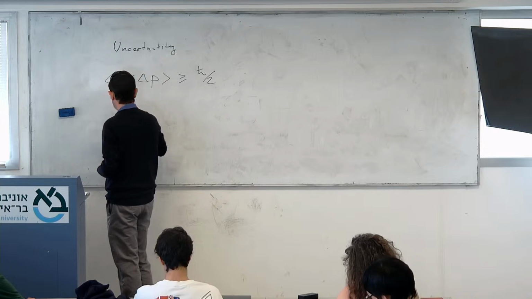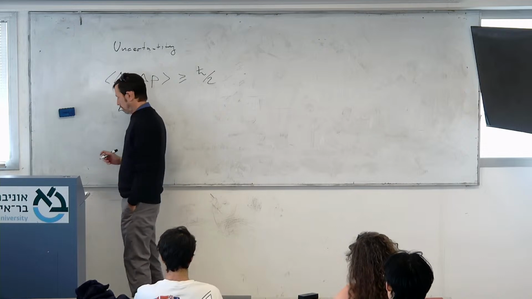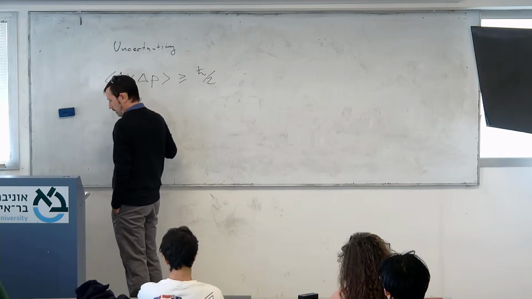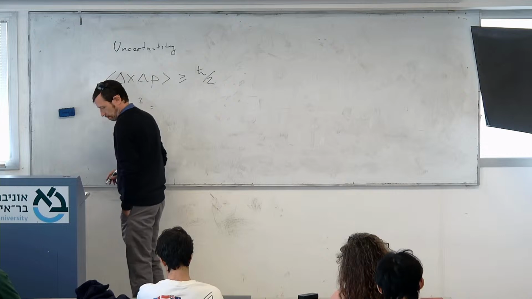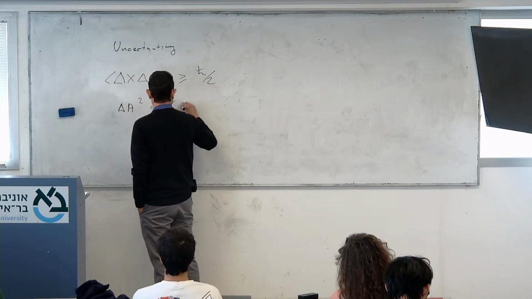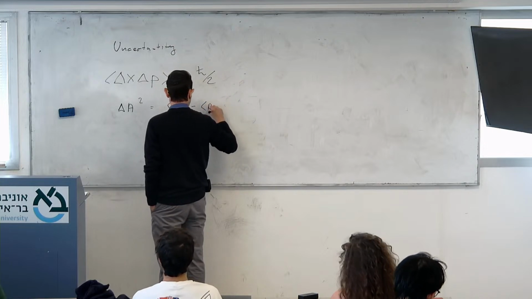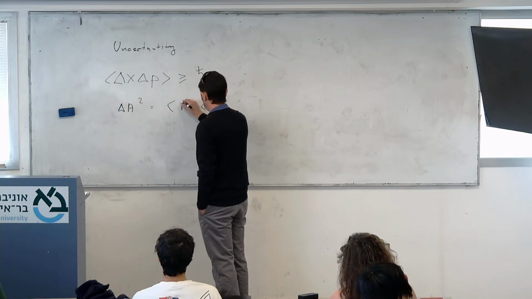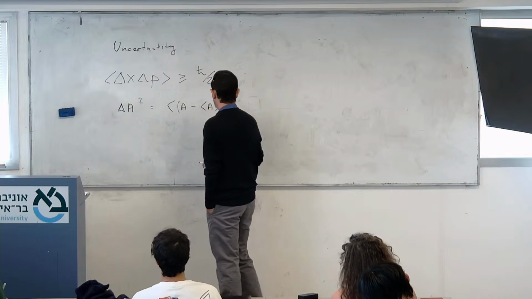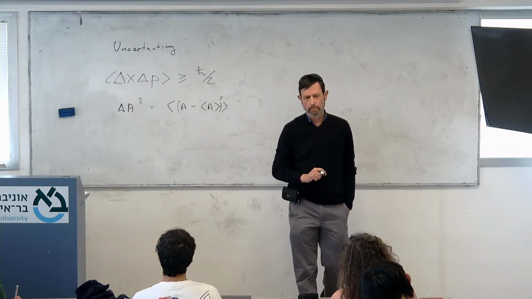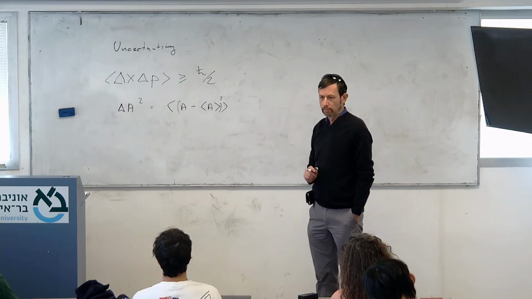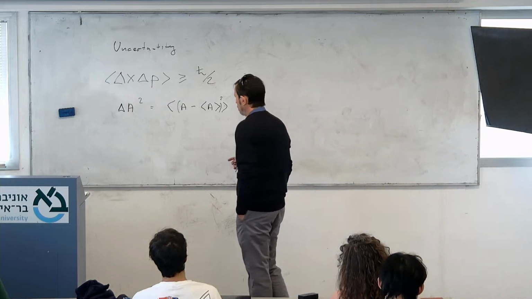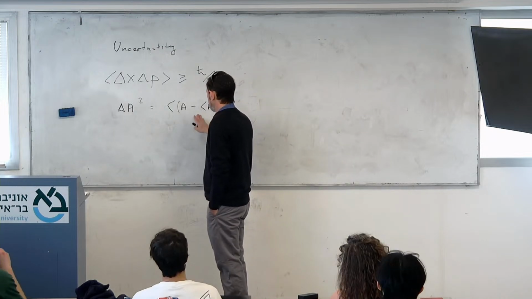In general, delta A squared would have been dealing with the regular statistics.